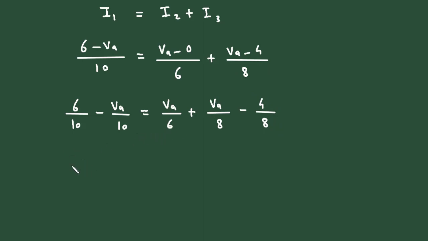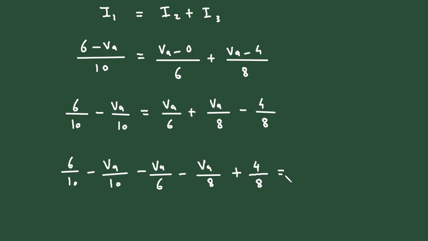So it will be 6 by 10 minus VA by 10 is equal to 1 by 6. If we take this on the left side, it will be minus VA by 6, then minus VA by 8, then plus 4 by 8, equal to 0.